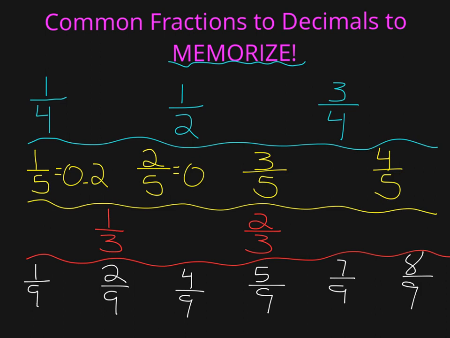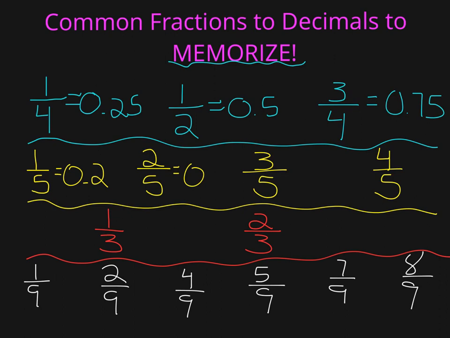You definitely need to know. I always like to relate these to money, quarters. 1/4 is 0.25. 1/2, that's 50 cents, 0.5. And then 3/4 is 75 cents, so 0.75.